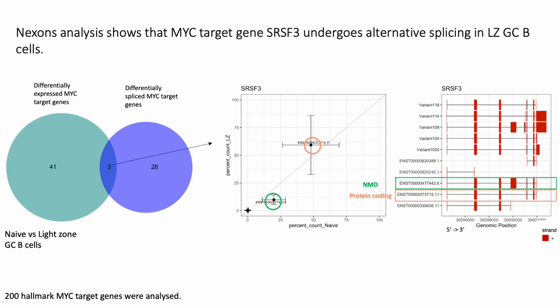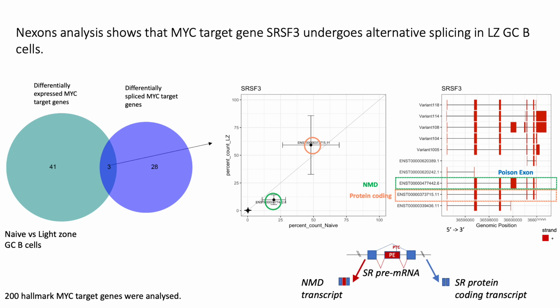When we checked the structure of this nonsense-mediated decay transcript, we found that they are regulated by a poison exon, which carries a premature terminal codon, which drives them to nonsense-mediated decay.